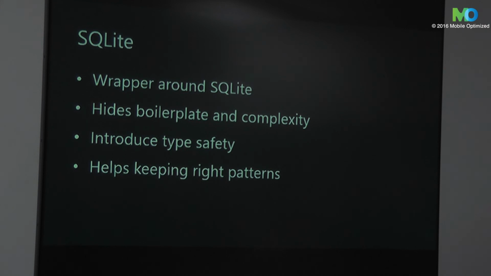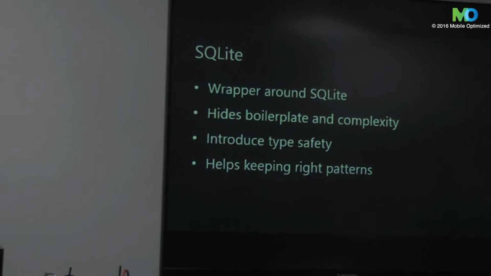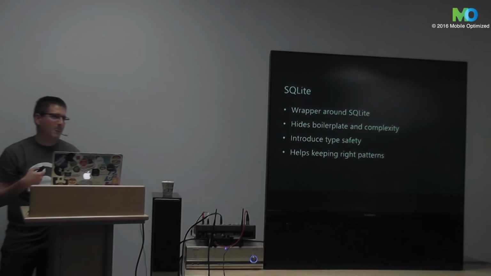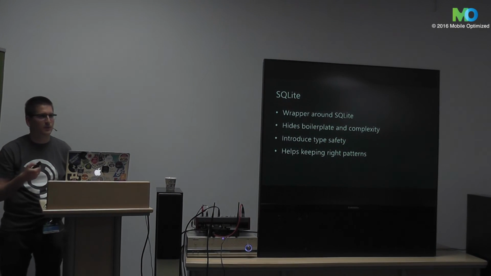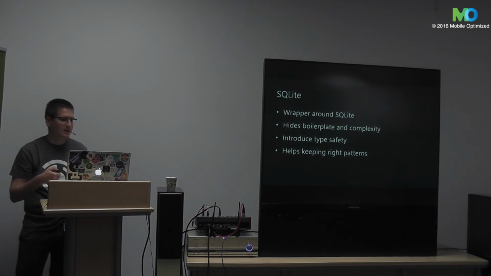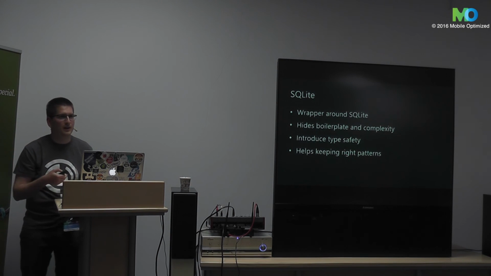There is this SQLite library of Anko. It is a pretty great wrapper on SQLite. It hides a lot of boilerplate and complexity of handling SQLite requests. It also introduces some type-safe features over SQLite by making the types typed.